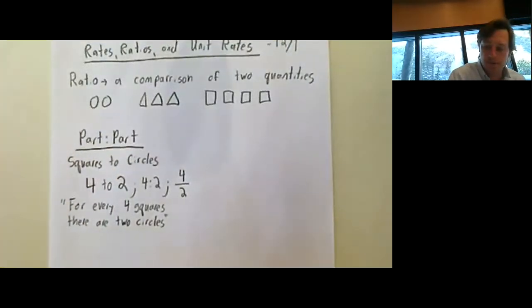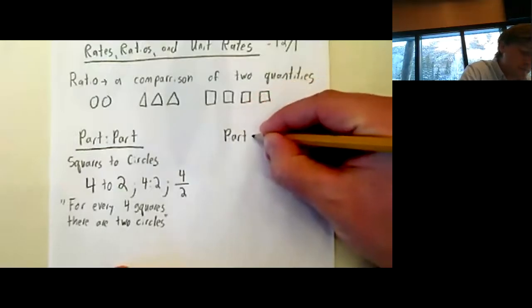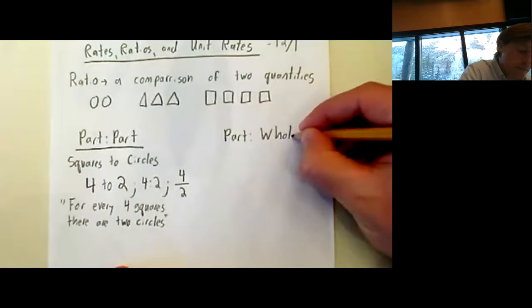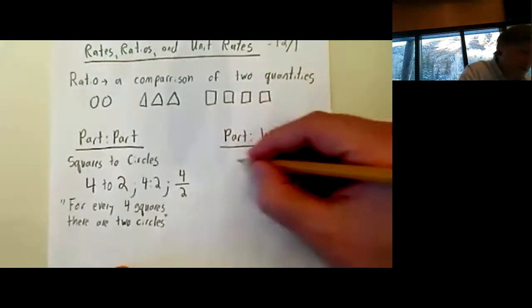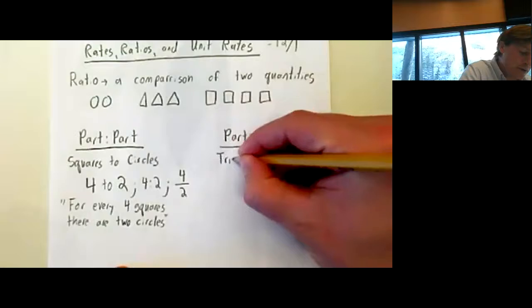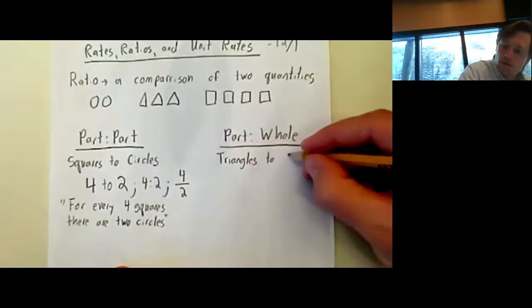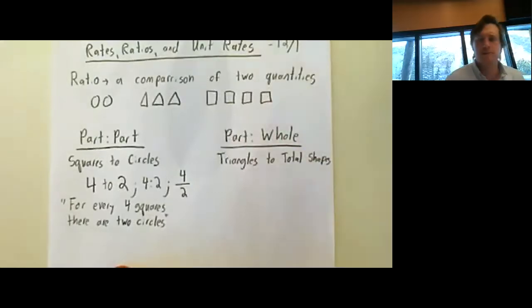That's just an example. And we can also say part to whole. So another way we can say that is triangles, our first example, to total shapes.